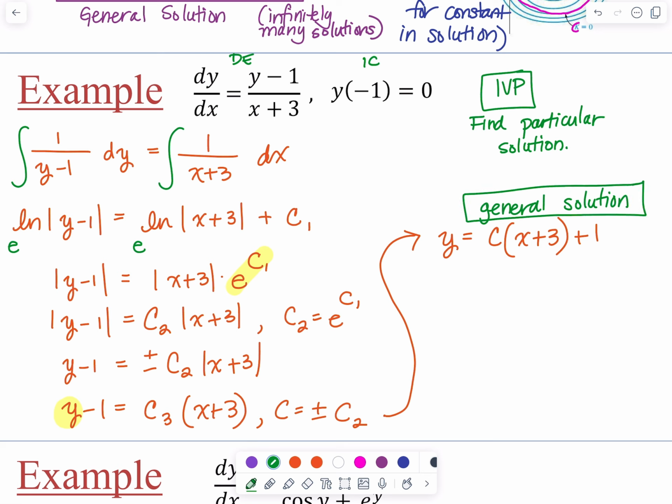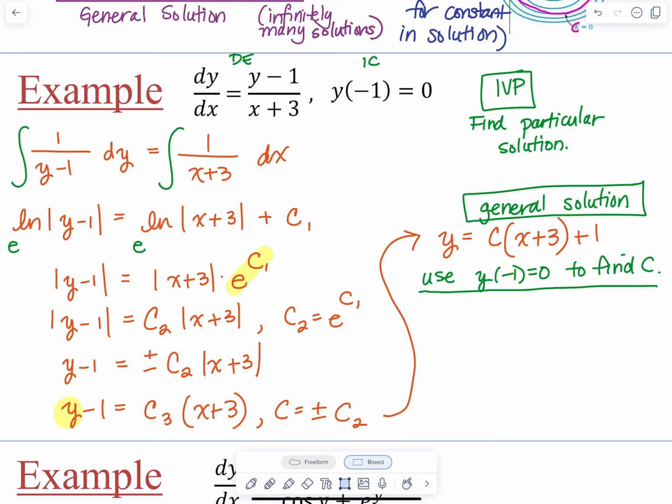Okay, now in order to find the particular solution, we're going to find the constant. So we're going to use y of negative 1 equals 0 to find our constant.